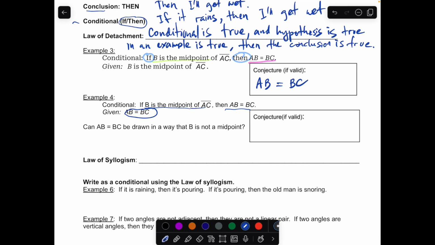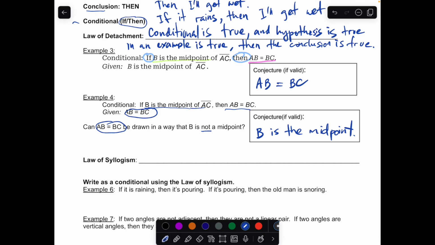Can we still say that B is the midpoint? Let's think about this. Is there a way that AB is still equal to BC, but B is not a midpoint?